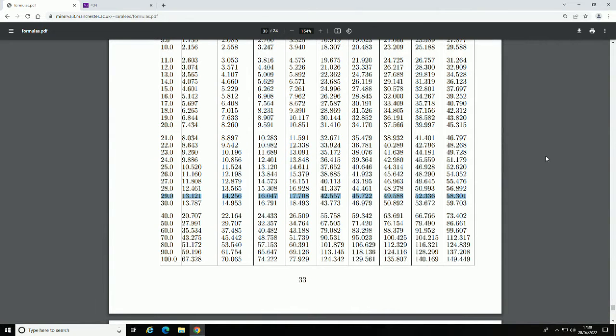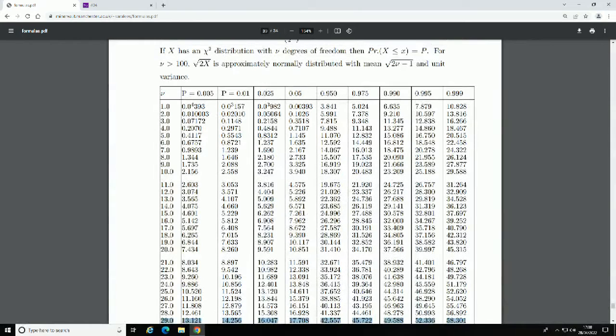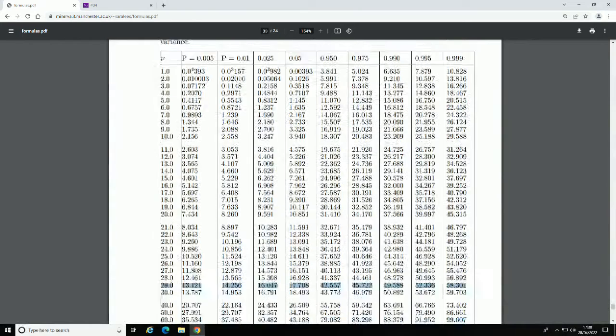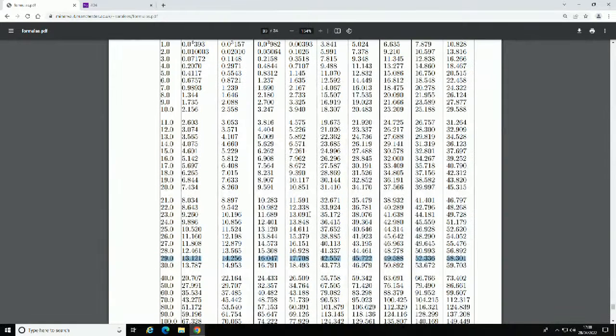So you read for 0.025, which is the third column, and you also read for 0.975, which is the sixth column. Okay.